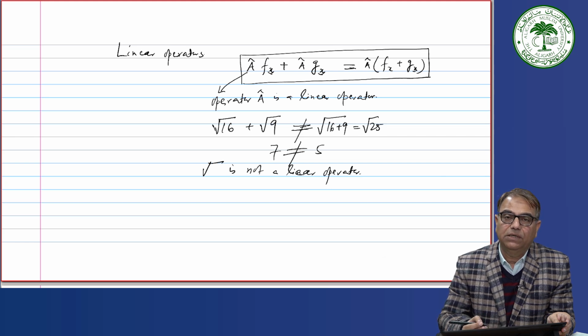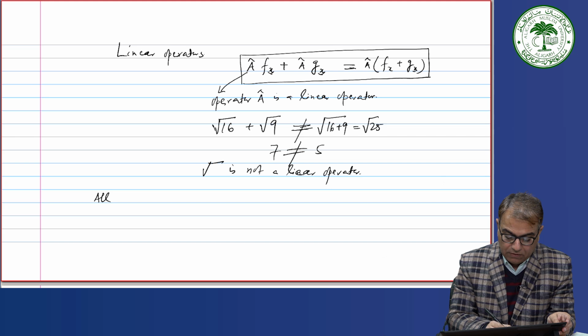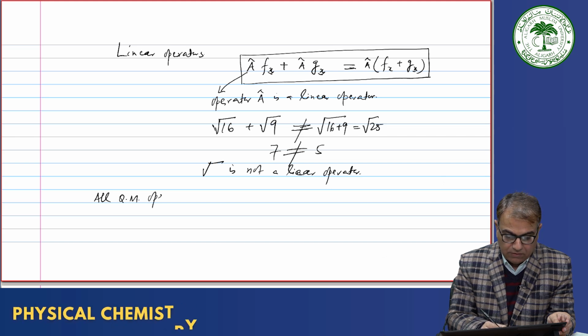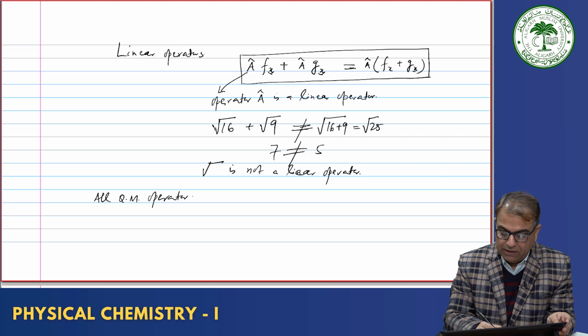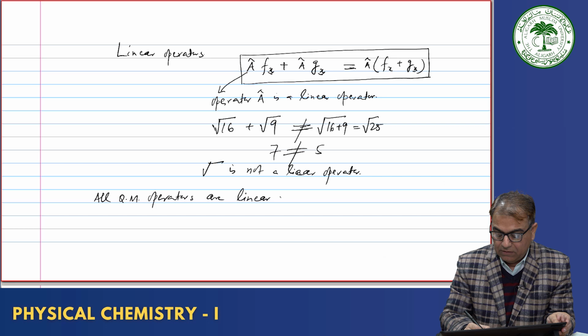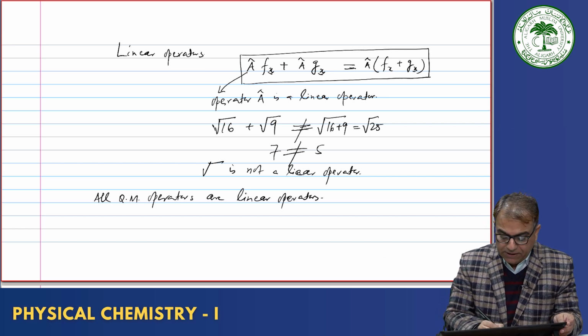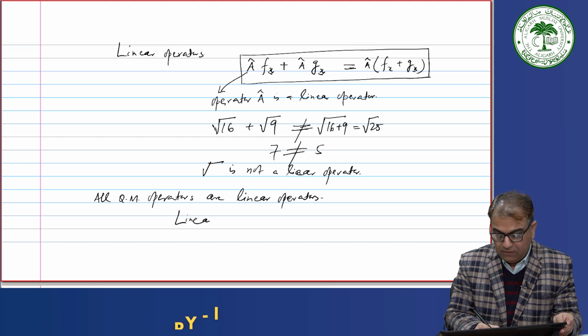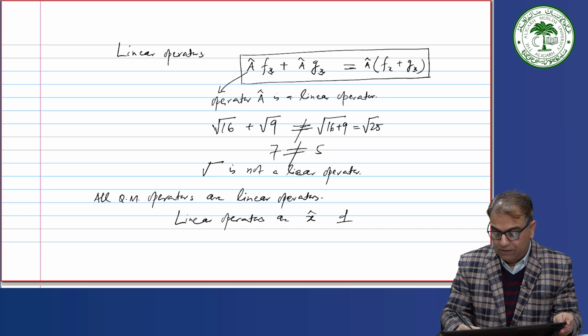All quantum mechanical operators, position, momentum, energy, angular momentum, are linear operators. So linear operators are x, d/dx, and d squared by dx squared.